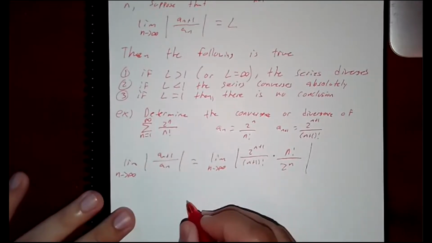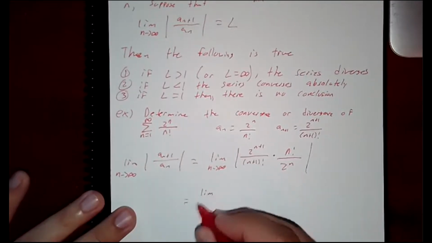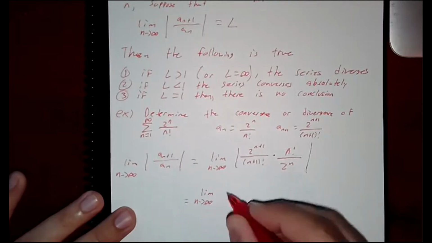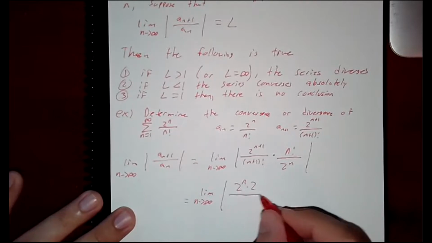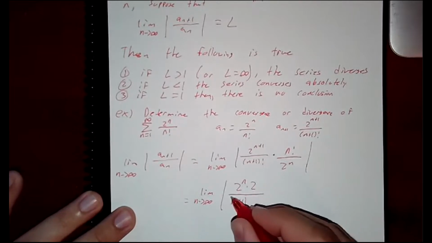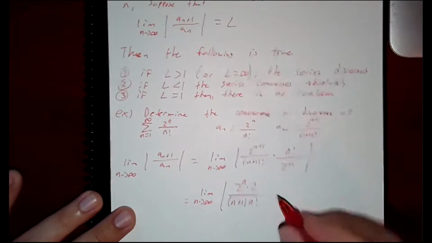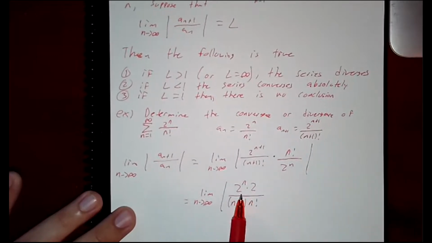I'm going to show you a little bit of algebra on the next one, just in case. This would be 2 to the n times 2 over n plus 1 times n factorial. I can separate the 2 to the n plus 1, and I can reduce the factorial by 1.